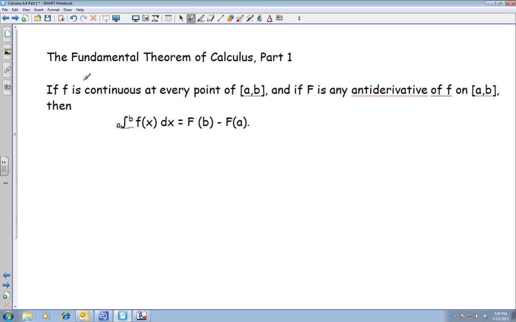Now, if you hear a name like the fundamental theorem of calculus, I would say that that's a pretty important theorem. That just makes sense. And here's what it says.